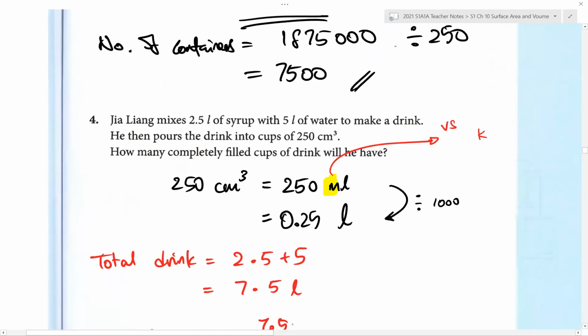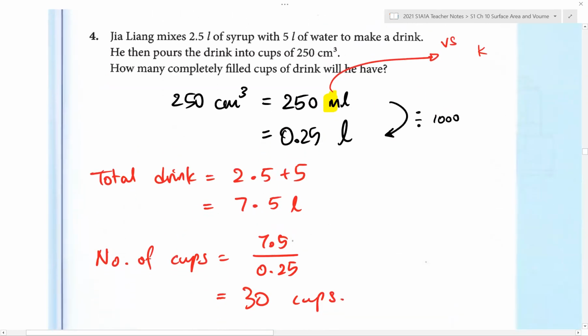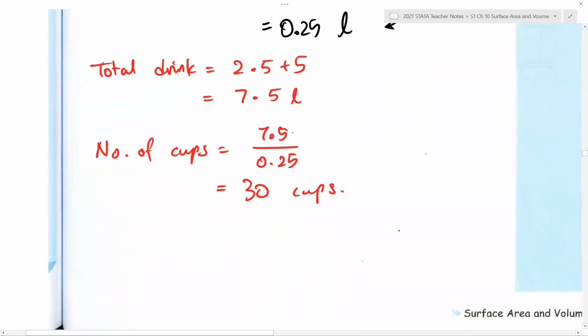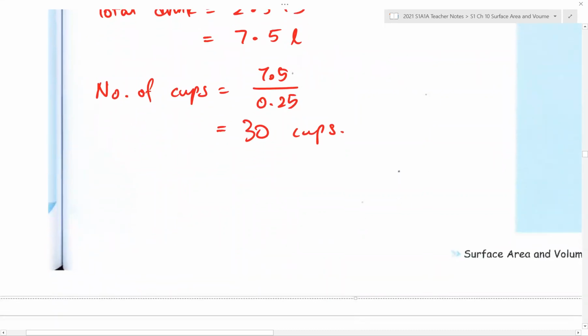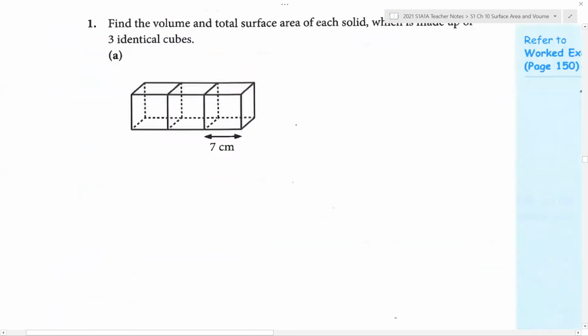The alternative is actually to convert 7.5 liters into ml. Then you will get 7,500, which you can divide by 250, and you get the same answer again.